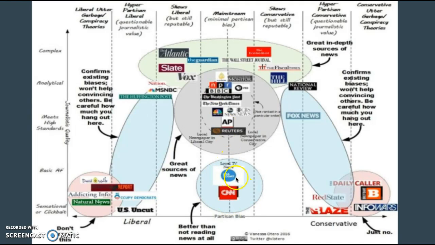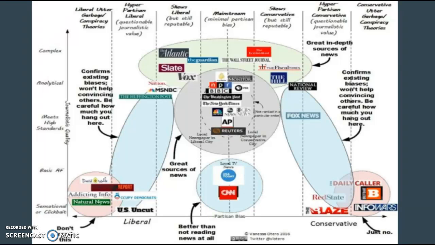These here are not great, but they're better than nothing. And everything that's an outlier are things that you should avoid like the plague. They just don't belong in academic essays. You can click on this graphic to go to the actual image so you can use it for your own research.